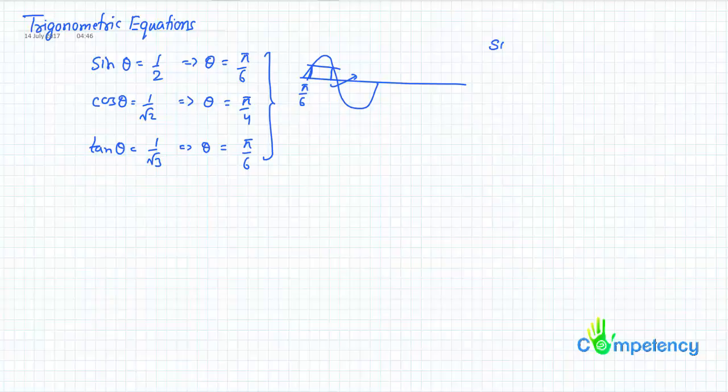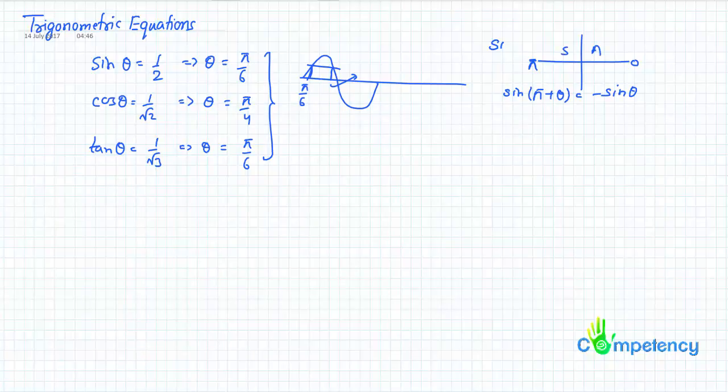See, we know that on this 0 and pi, that means if we are going to do pi plus minus theta, the ratios are not going to change, but the sign will change. So we know that sine of pi plus theta will be minus sine theta. Why minus sine theta?